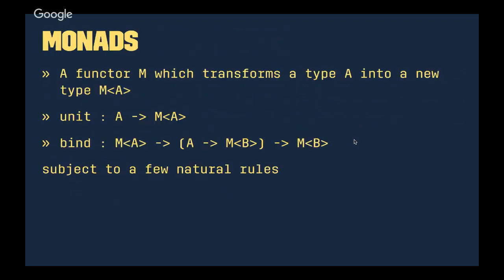Monads. You may have heard the definition of monad. A monad is a functor M which transforms the type A into a new type M of A, associated with two functions: unit, from A to M of A, and bind, that takes an M of A and a function from A to M of B, and returns an M of B, subject to some rules. I'm not going to write the rules. They're the things you would expect if you thought enough about it to expect anything.